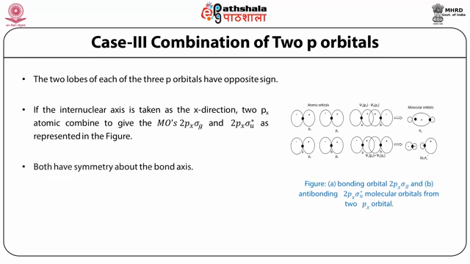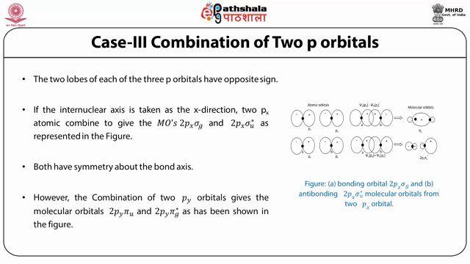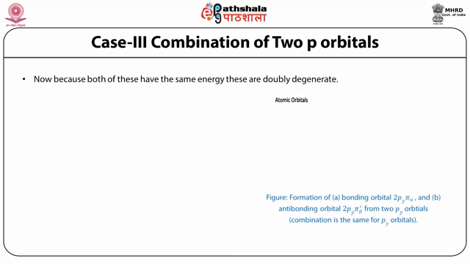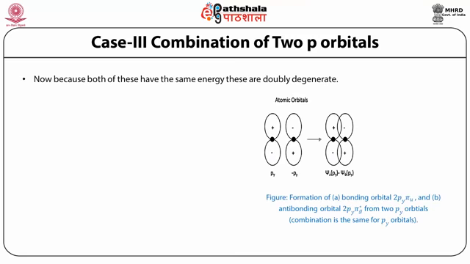Both have symmetry about the bond axis. However, the combination of two py orbitals gives the molecular orbitals 2py pi u and 2py pi g star. It is again shown in the figure. Now, because both of these have the same energy, these are doubly degenerate.